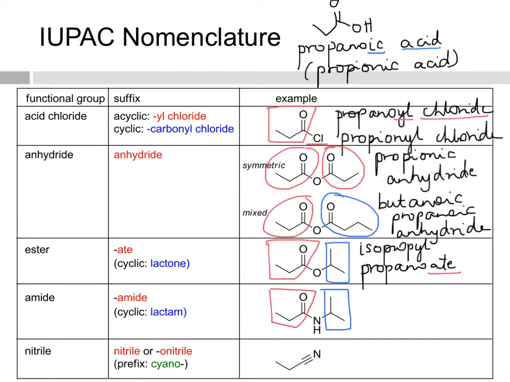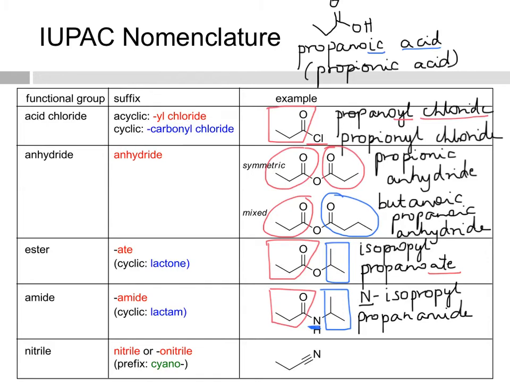Since this is on a nitrogen and not an oxygen, we're going to precede the isopropyl with an N to indicate that the isopropyl is on the N. So this is N-isopropyl, and the N is always italicized. In this case, instead of ending with -ate, we're going to end with amide. And so the name is propanamide. So the name of this compound is N-isopropyl propanamide.